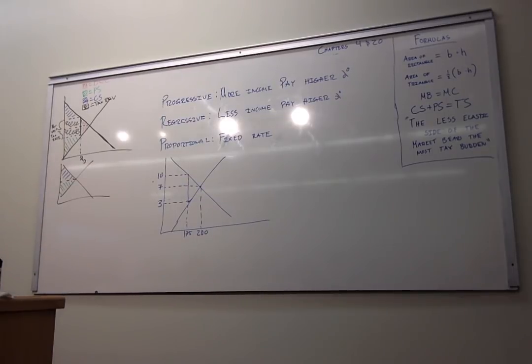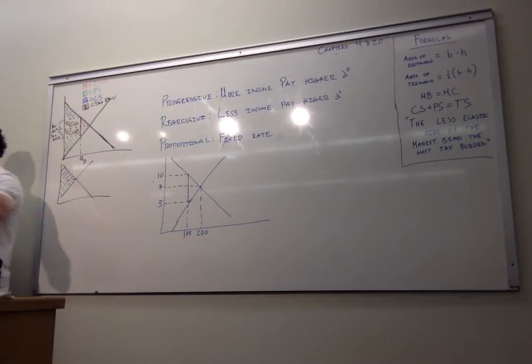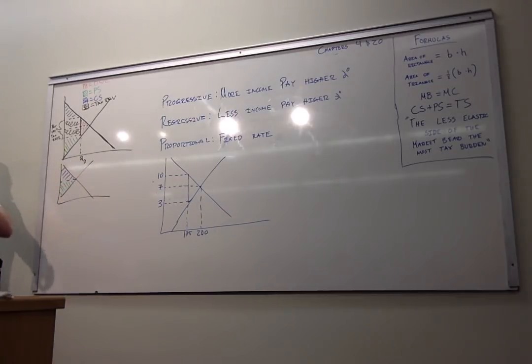So on this one, I want you to tell me if this tax right here is imposed by, how much will consumer surplus decrease? You guys get it? So what you're going to have to do is calculate the initial consumer surplus and then calculate the consumer surplus after the tax to figure out the difference.